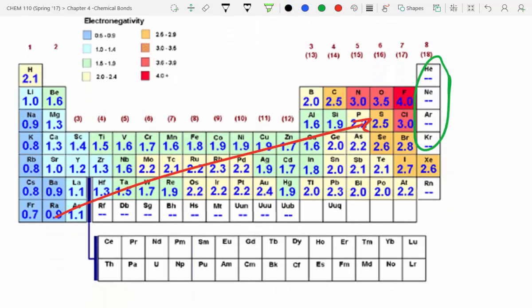So this table is super duper handy, and we're going to use it a fair amount. But there are some basic trends I wanted to bring up.